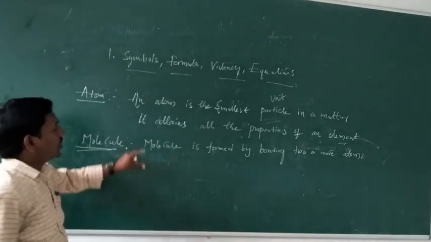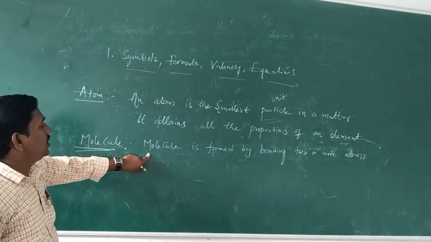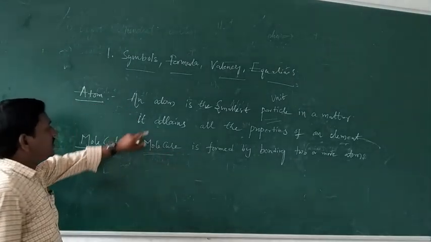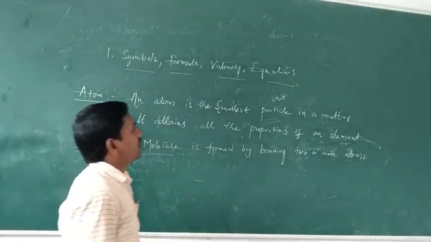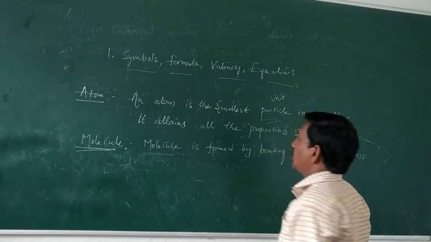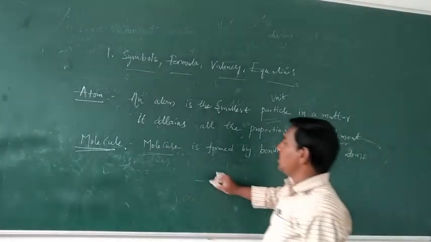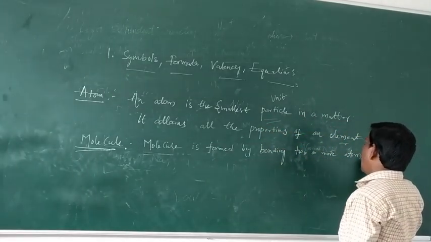So the combination of atoms is called molecule. So atom is smaller than molecule. An atom is the smallest particle or unit in a matter. It attains all the chemical properties of an element, and molecule is formed by the bonding of two or more atoms.